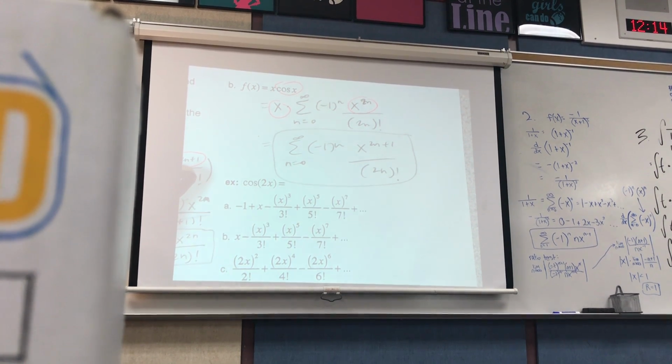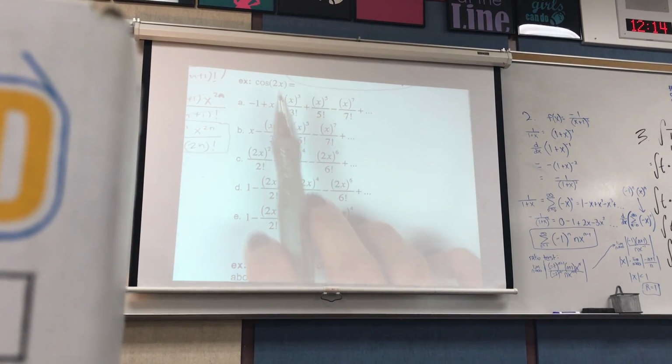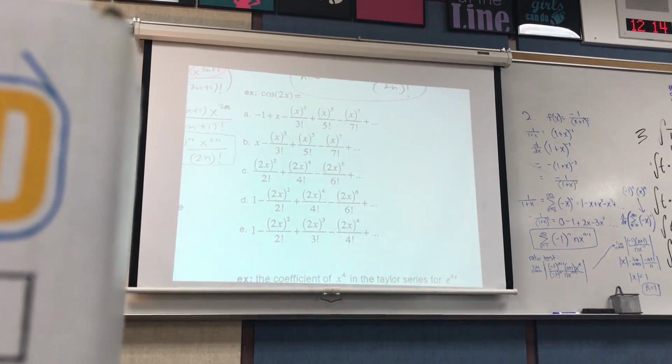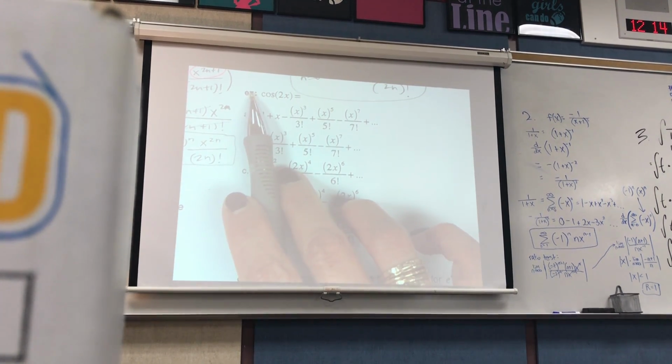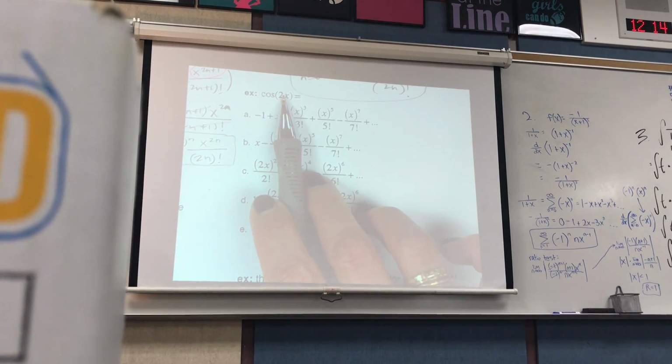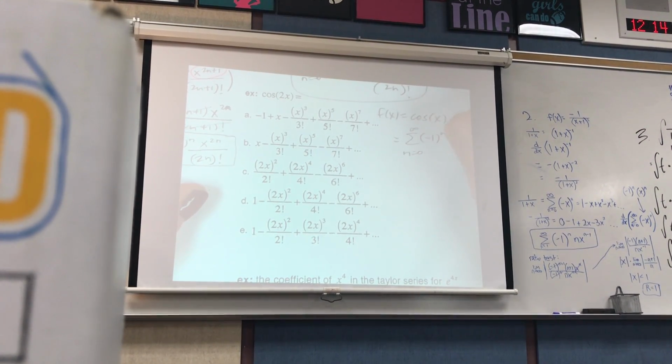Should have done 2, 3, 4 instead of 1. Hey guys, is this one a product or is this a plug-in? So the 2 is not in the front. The 2's inside with the x, so this is a plug-in problem. So if we write down cosine of x, we just said cosine is even.